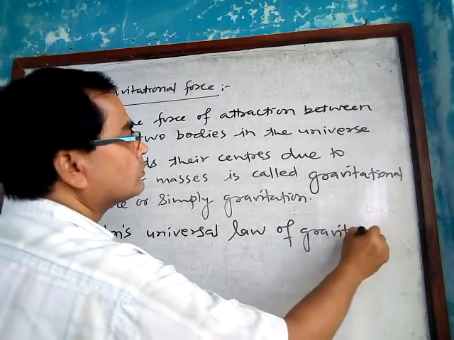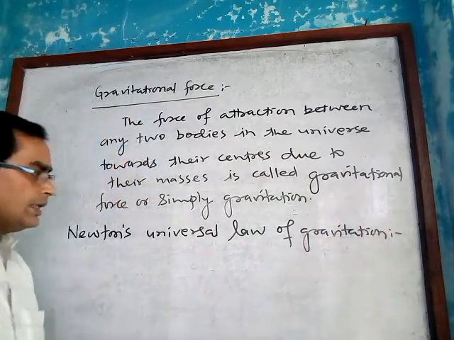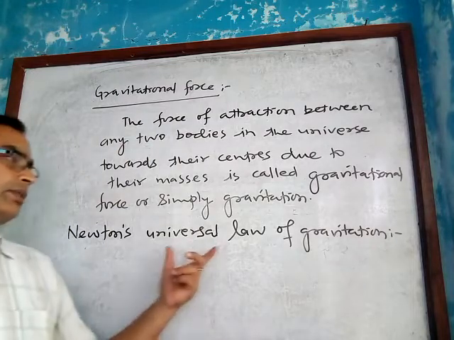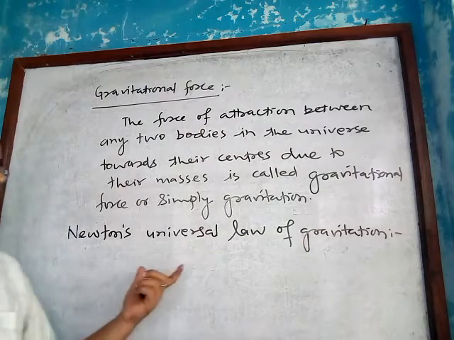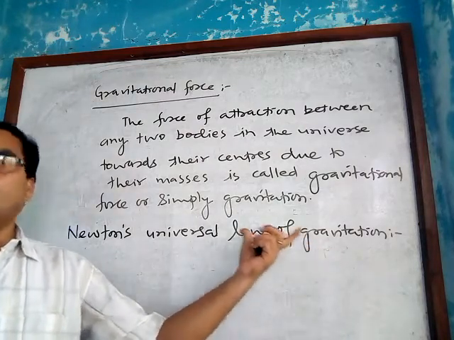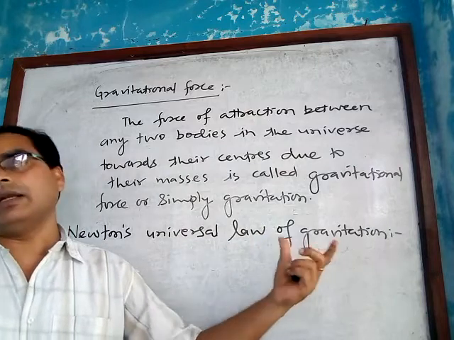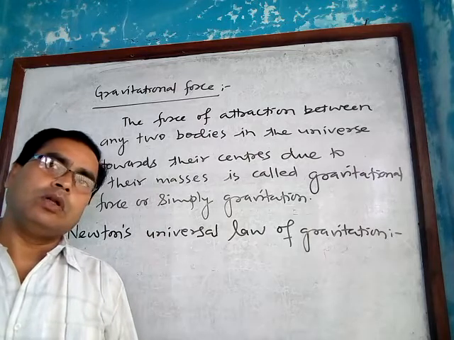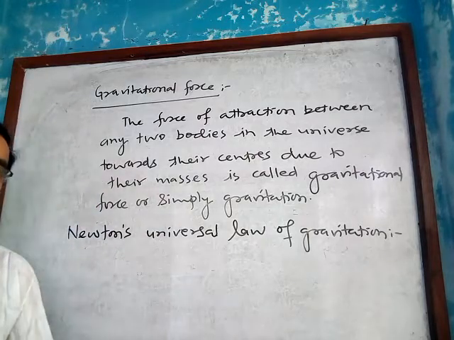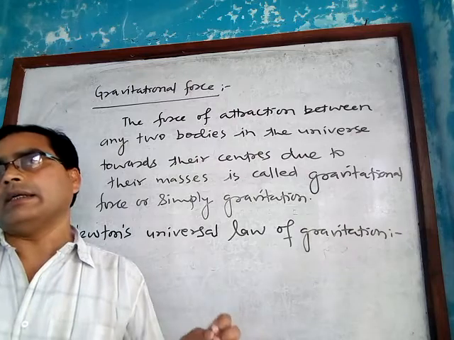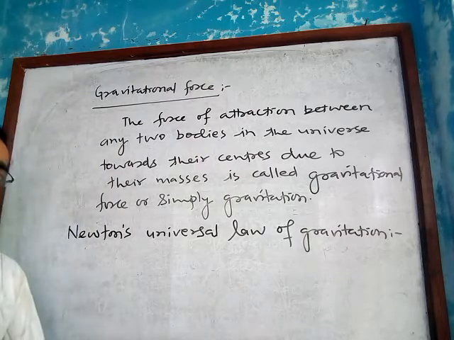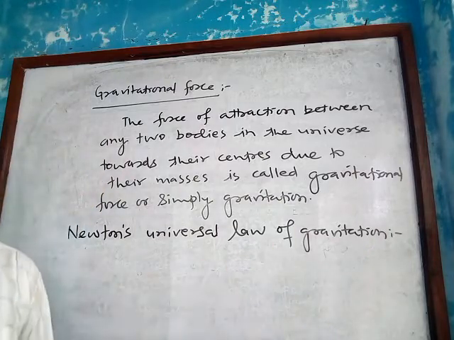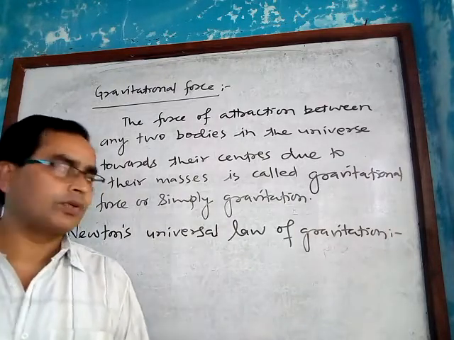It is called universal law because this law is applicable between any two bodies in the universe, whether the bodies are microscopic or massive, whether they are placed on Earth or anywhere in the universe. Okay?